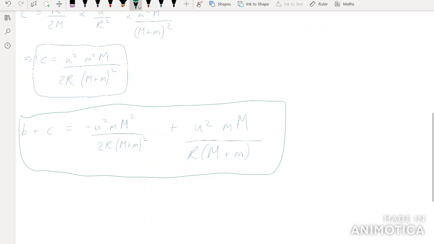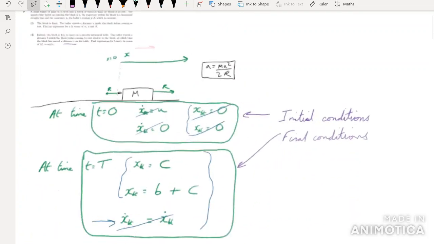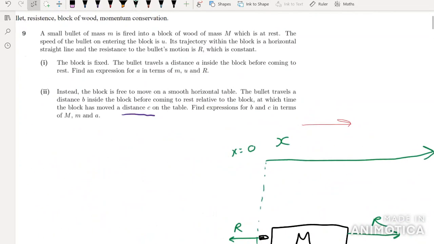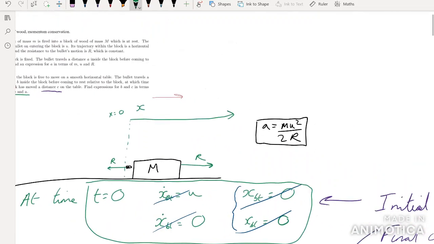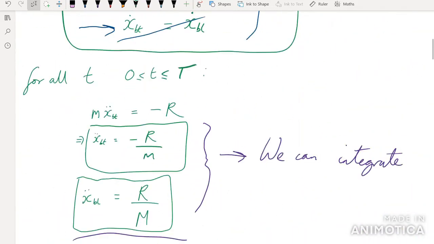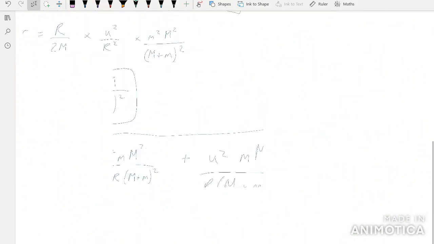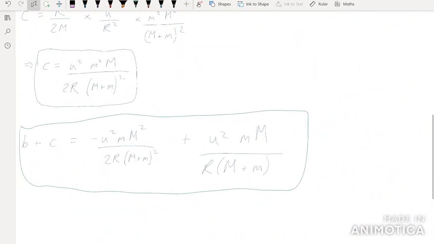And so now all we need to do is have a look at what they actually wanted. So they wanted B and C in terms of M, and A. So what we need to do is remember that A is the thing we found earlier, mu squared over 2R. So A equals mu squared over 2R.